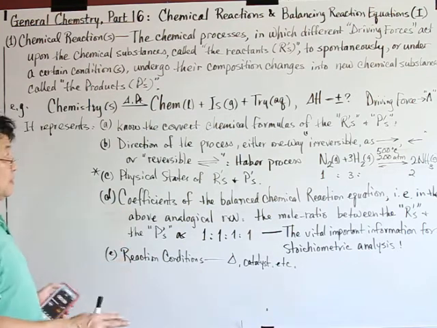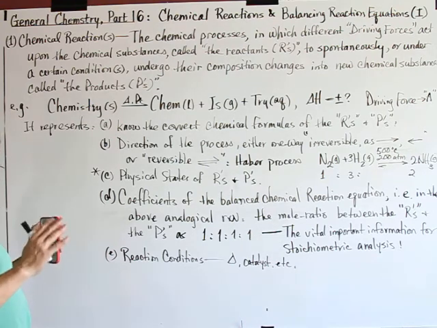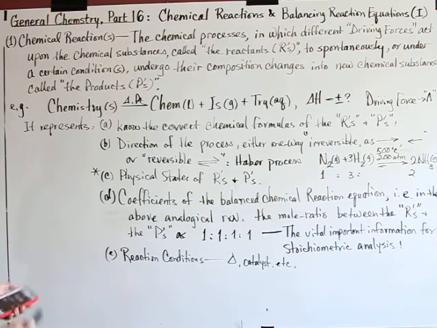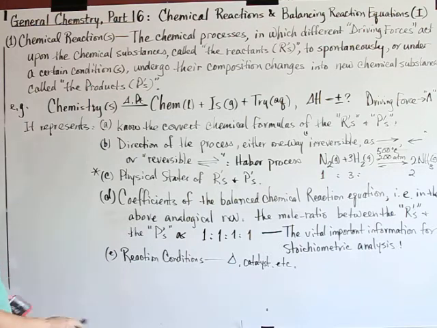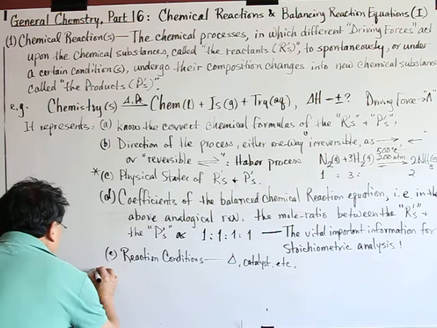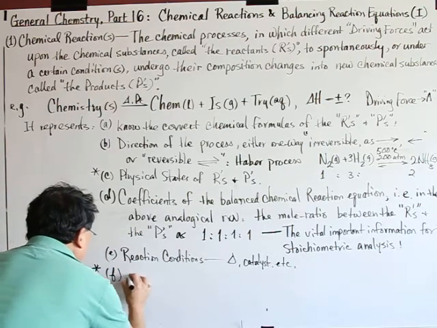That is quite important because when we want to write a net equation, we try to find out which are spectators, which do not get involved in the reaction, and then we can cancel them out. Or they are not spectators, so you cannot cancel them out on both sides because they have different physical states.